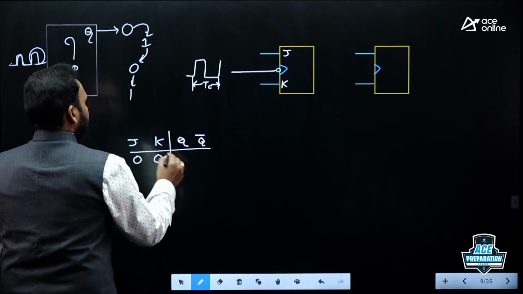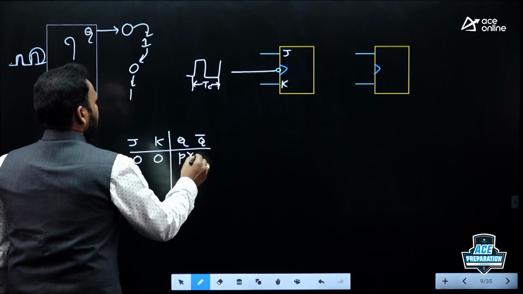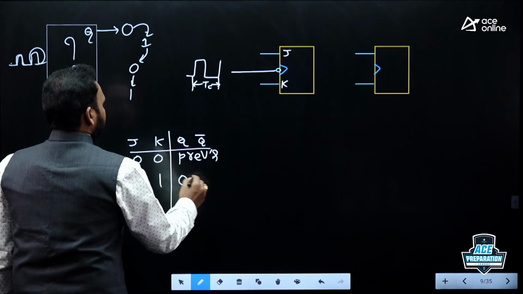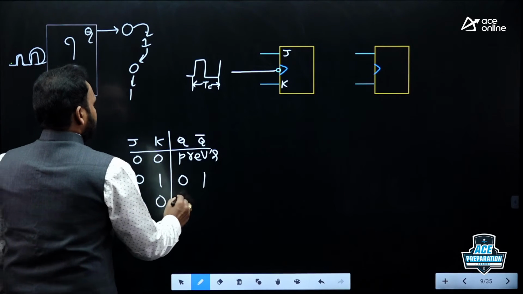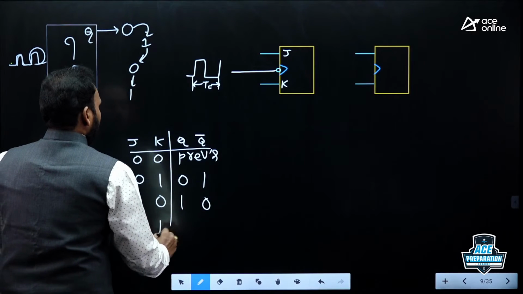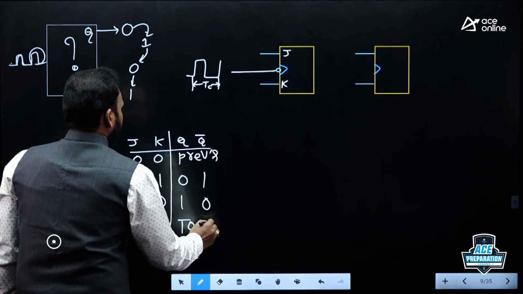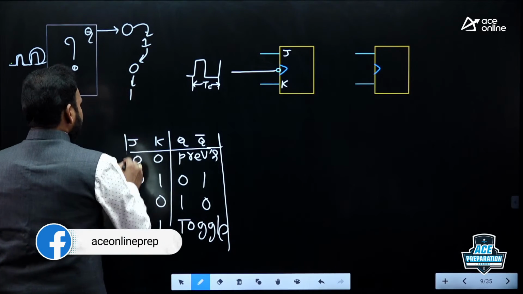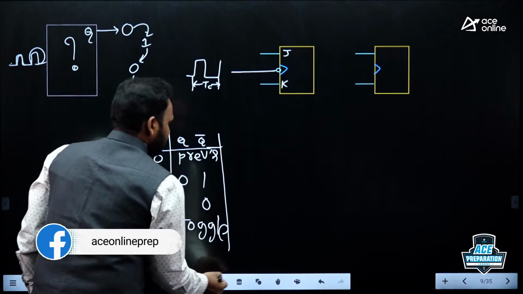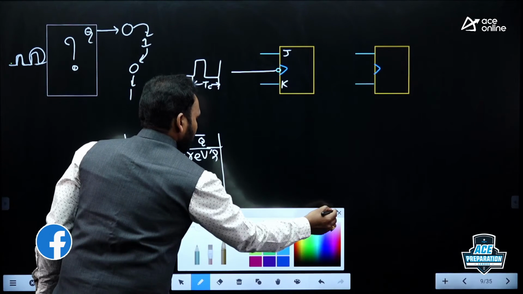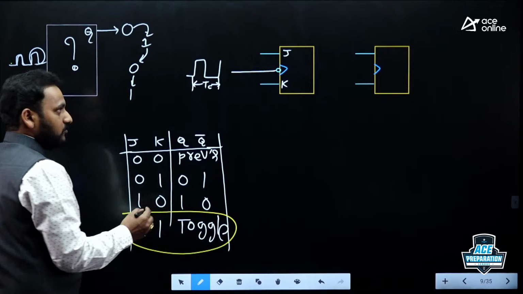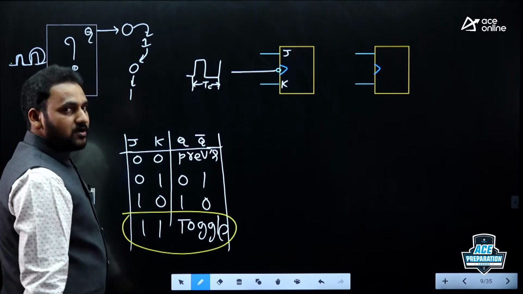If JK values are 0, 0, no change, the output is the previous state. 0, 1, it is a data transfer state, output 0. 1, 0, output is 1. 1, 1, output is toggle. For today's class, just remember this operation, this is enough, because we need to go on to the counters' operation, right?